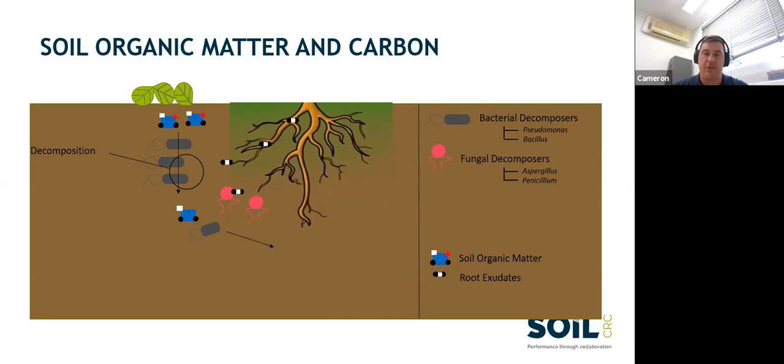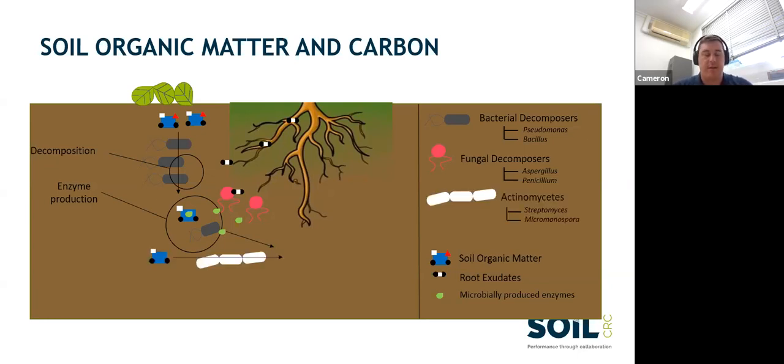Fungal decomposers don't necessarily directly try to decompose the organic matter to begin with. They like to feed off root exudates. So it's different carbon forms that are secreted or exuded by the roots. And then they utilize this to produce enzymes. And these enzymes then act on the soil organic matter and further break it down. At the end of all this, you can still have some complex soil organic matter left in the soil.